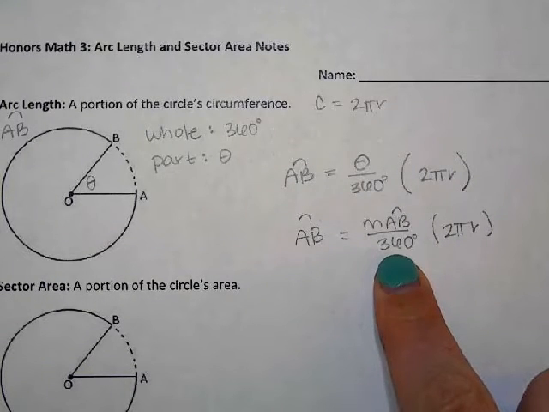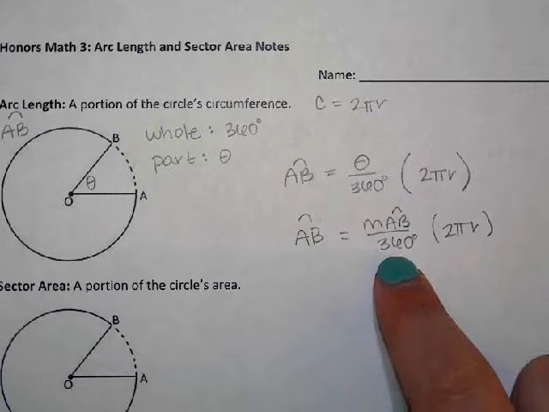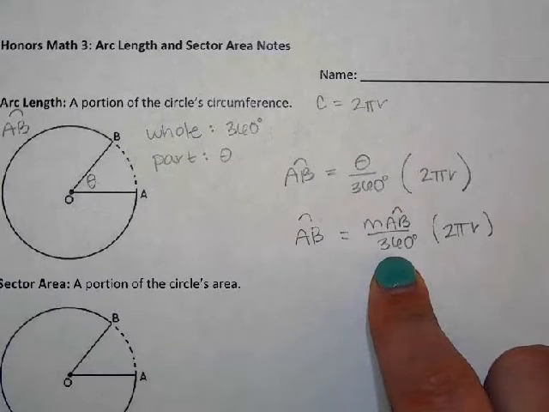It's just using circle conjecture 1. So this is the formula in terms of the central angle, and this is the formula in terms of the measurement of the arc. They're the same thing. It's just that sometimes they tell you the degree measure of the arc, sometimes they tell you the degree measure of the angle. Same thing, okay? Any questions?